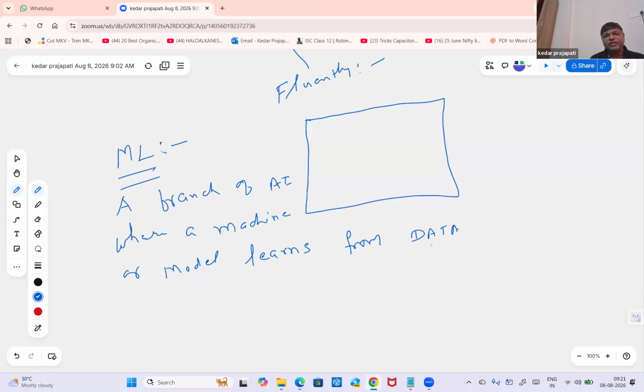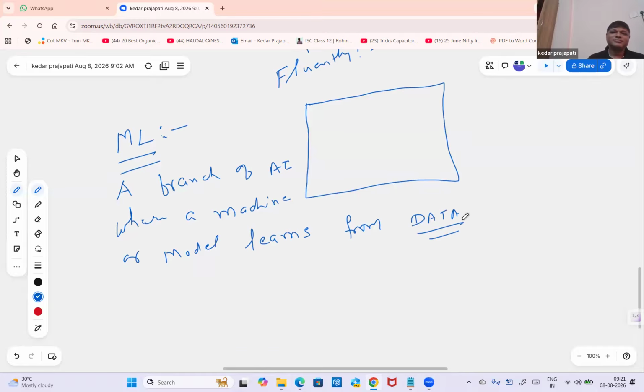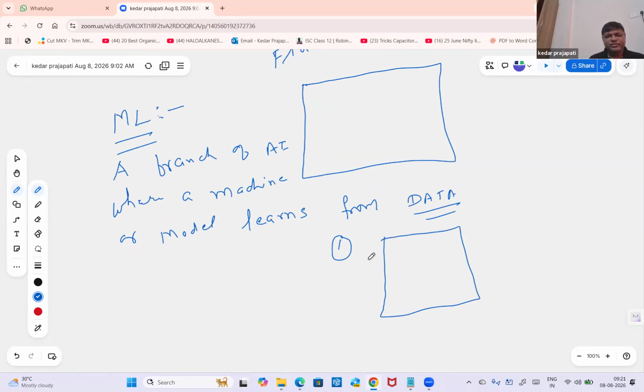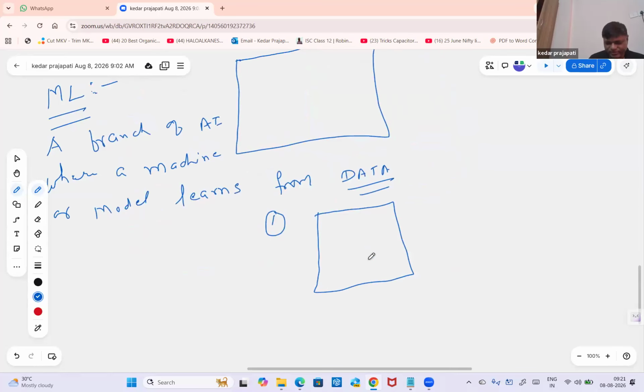Now, this data can be anything. Suppose there is a table, this data can be tabular data. This can be labeled data. This data can be anything.